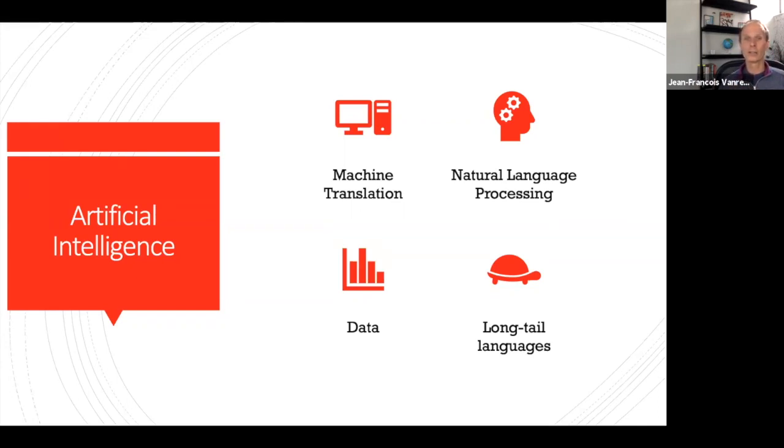But this remains a challenge in industry too, and I think it's going to take a few years before the industry gets to support those long tail languages with artificial intelligence features.